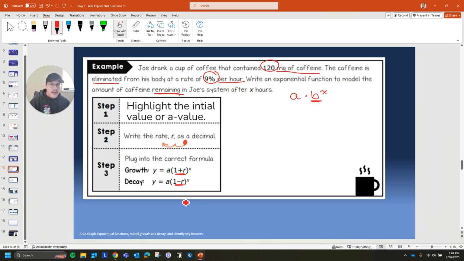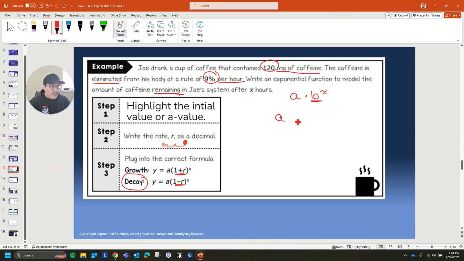There's a word that I underlined that gives a hint as to whether there is growth or decay happening. So if you look at the second sentence, the caffeine is eliminated. What does eliminating mean? It means getting rid of, essentially, in layman's terms. So I'm getting rid of this caffeine from the body at a rate of 9% per hour. So this tells me that decay is happening.